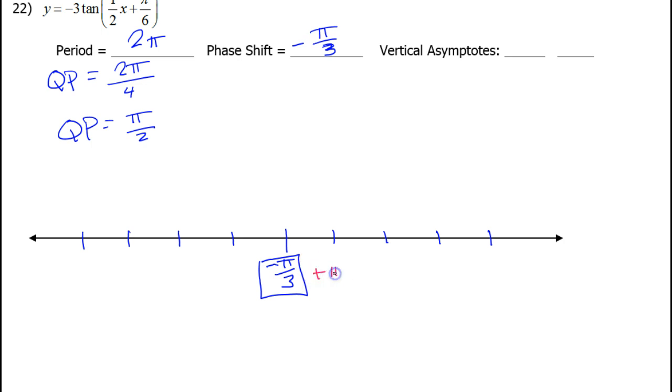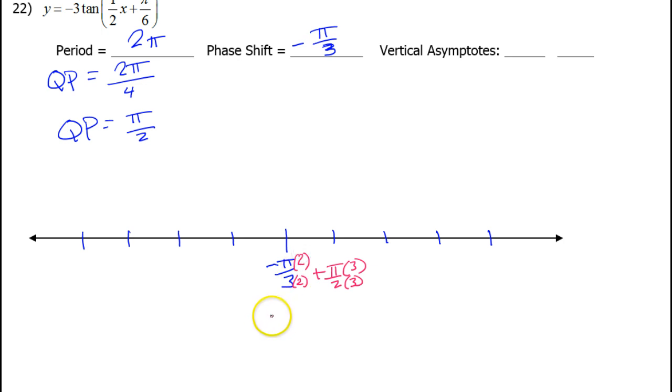Okay, I need to add the quarter period. In order to do that, though, I'm going to need like denominators. So I'm going to turn these both into 6's. So I'll multiply this numerator and denominator by 3, and then I'll multiply this numerator and denominator by 2.